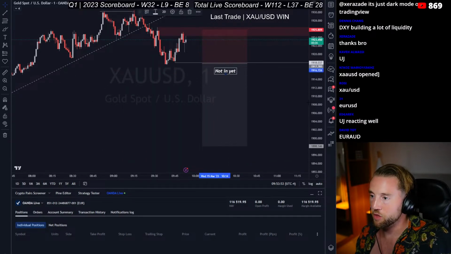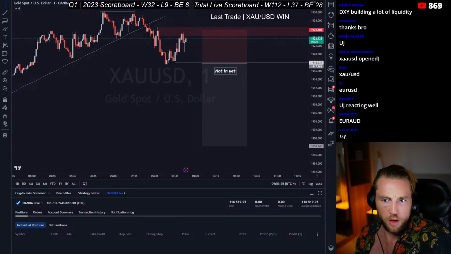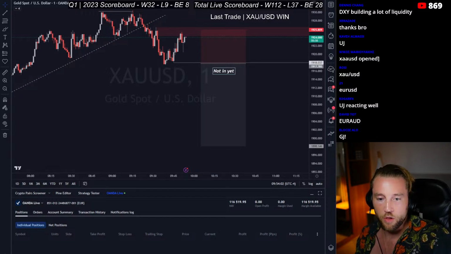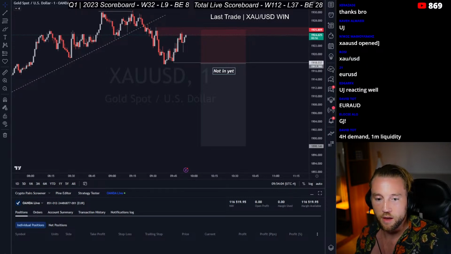Let me put this in just to be sure for you guys. Yes, dollar yen is also something that you can look at. We talked about GJ, but the dollar yen is very similar.